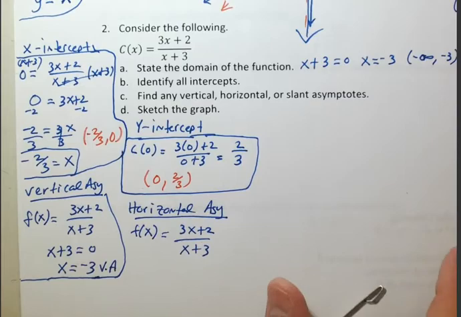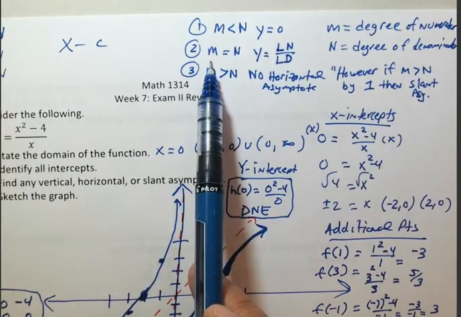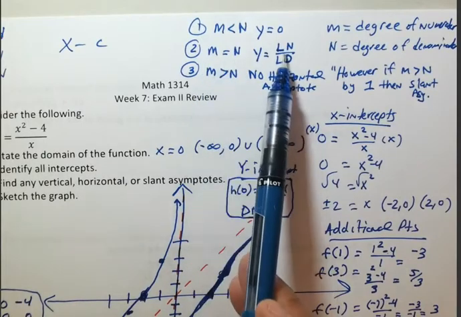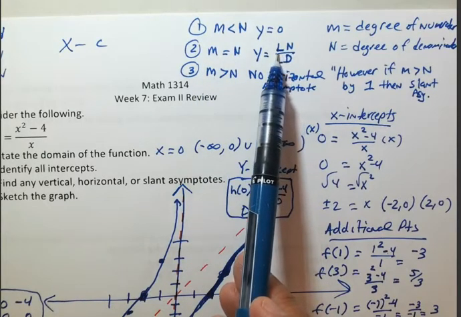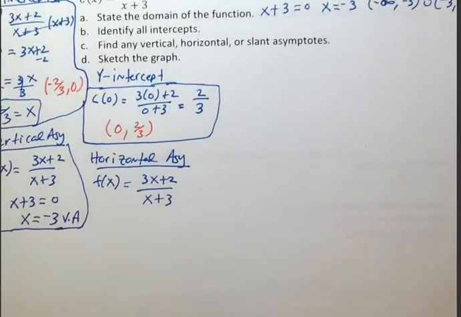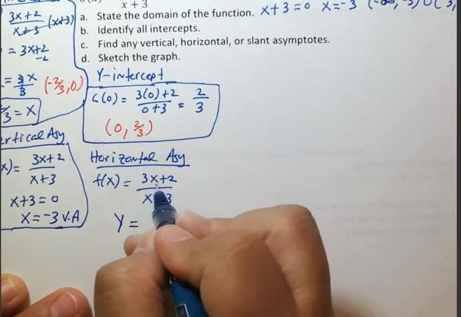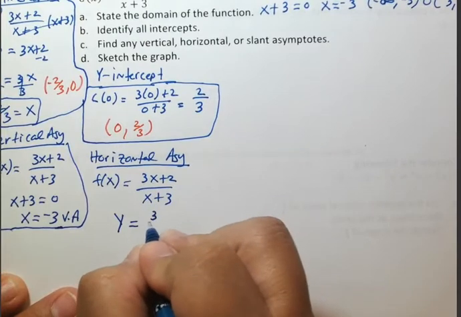Okay. So let me scroll down a little bit. So that's going to put you at this situation. So if they're the same, then you take the leading coefficient of the numerator divided by the leading coefficient of the denominator. Okay. So my leading coefficient here for the numerator is 3. So I'm going to divide 3.